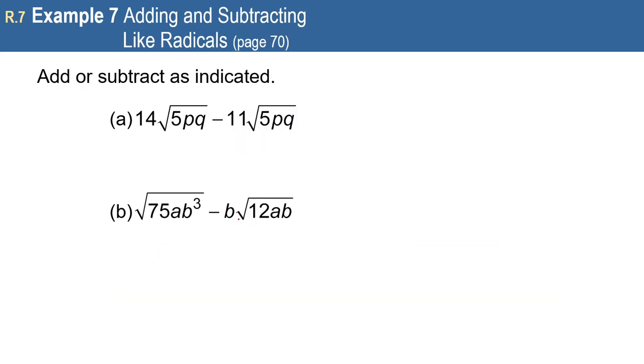For example 7, we can only add or subtract radicals if they have the same index and the same radicand. In part A, they do have the same index. The index is both 2, and the radicands are exactly the same.